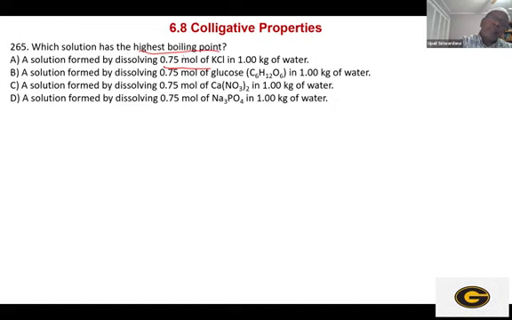They have the same number of moles, but this has 2 particles. This has 1 particle. This has 3 particles. This has 4 particles: 3 sodium ions, 1 phosphate. Therefore, the highest boiling point is shown by D.